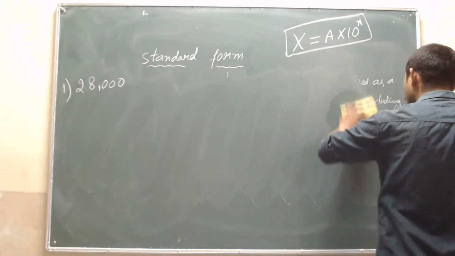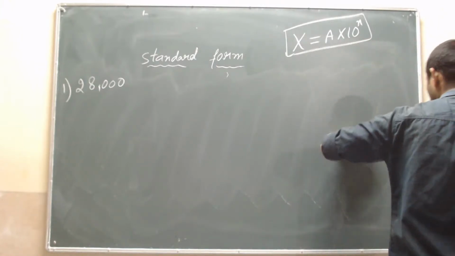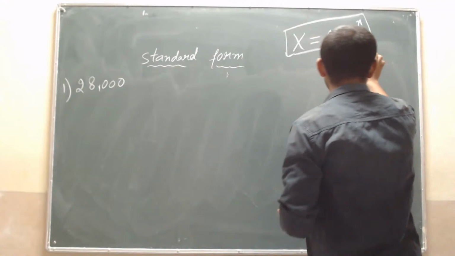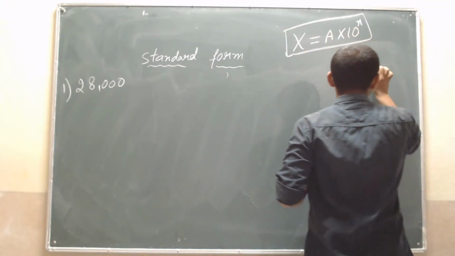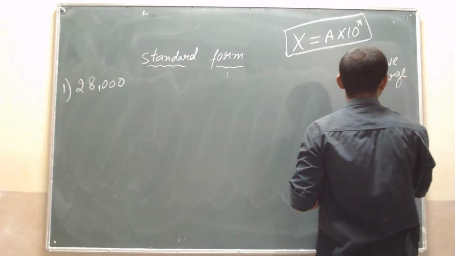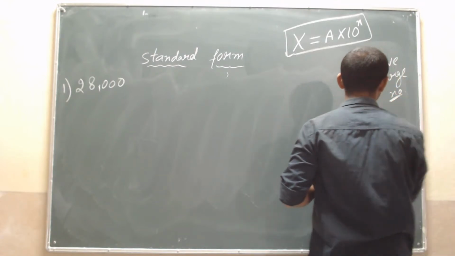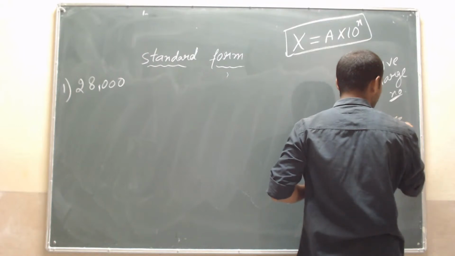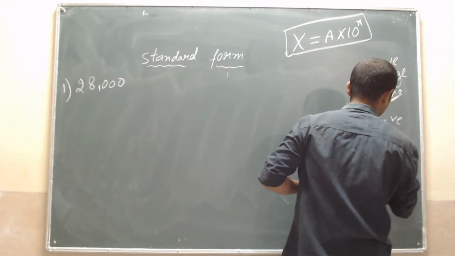x is equal to a into 10 to the power of n, and n is positive for a large number, and n is negative for a small number.